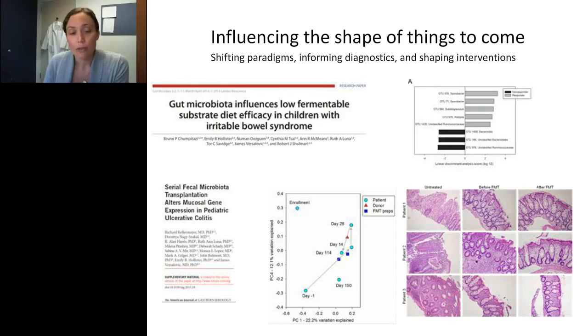If we look at 3 different patients, what we find is that over time, going from an untreated state to pre-FMT to post-FMT, if we look at colonic biopsy specimens, mucosal biopsy specimens, we see an improvement in epithelial structure and overall tissue health.